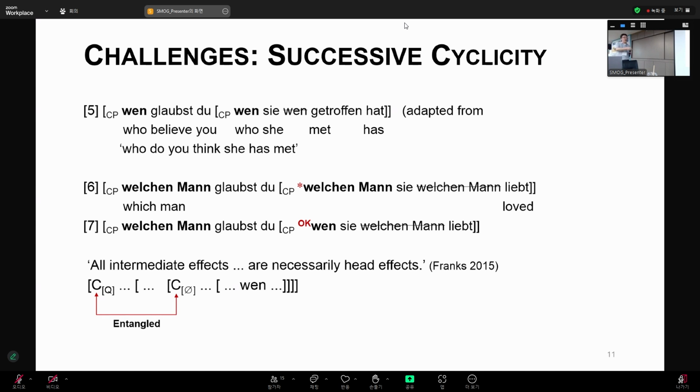So probably one way to accommodate this overt effect of successive cyclicity is to refine the notion, or the mechanism, of entanglement myself. Again, this is a preliminary idea. These two, the overt effect of successive cyclicity and the difference between languages in terms of the overt realization of double-edged phrases, are major challenges to my DA.